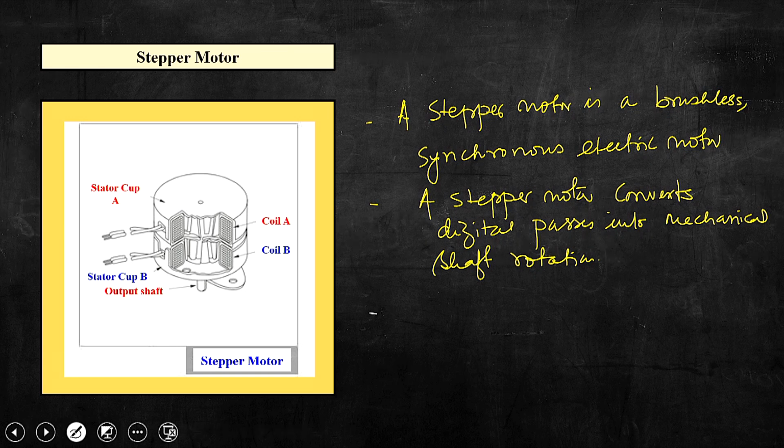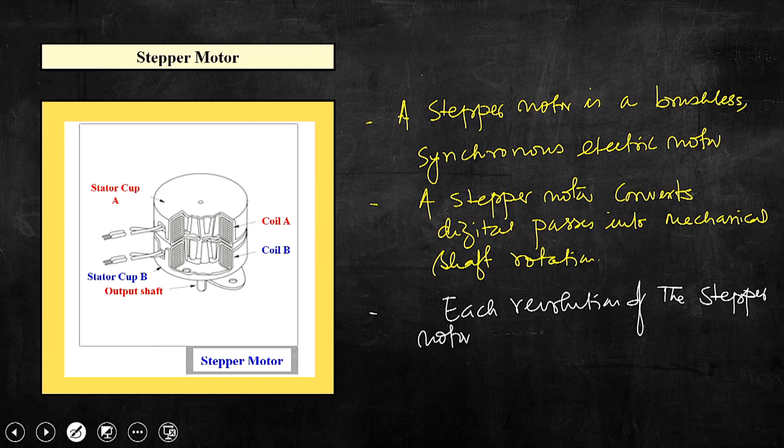Each revolution of the stepper motor, essentially it will rotate, so we will have a certain RPM.